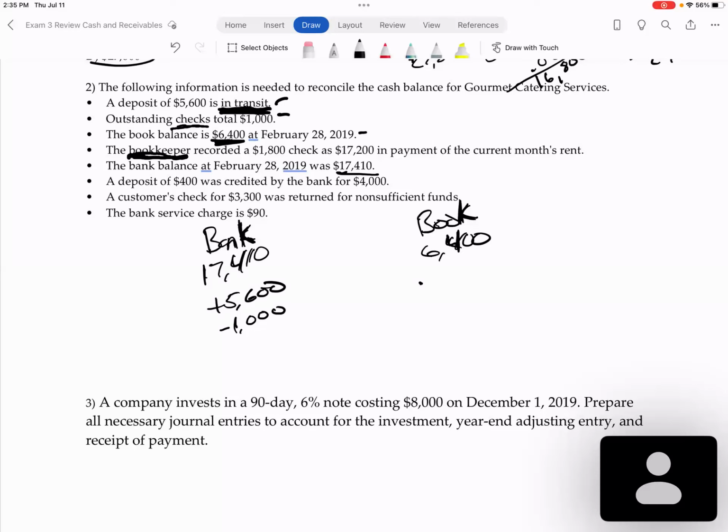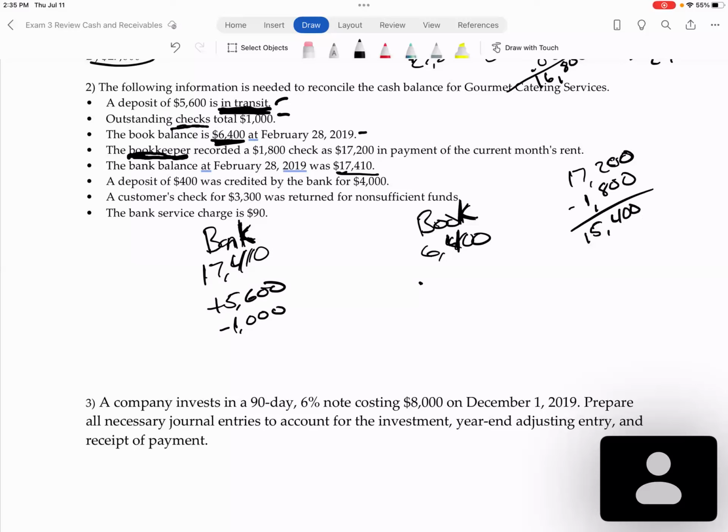Okay, so we need to make an adjustment for the difference. So 17,200 is the error, and it was supposed to be 1,800. Okay, so that difference there is going to need to go to the book. 17,200 minus 1,800, so 15,400.